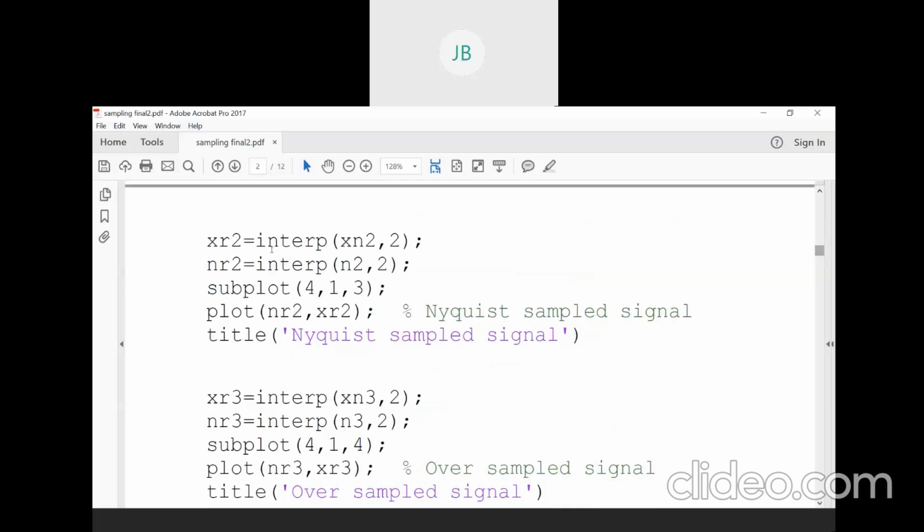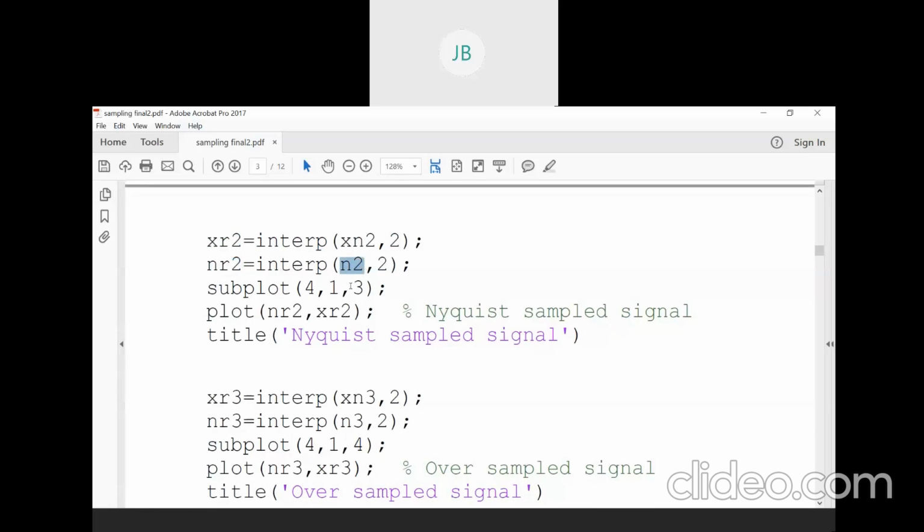We are trying to reconstruct using this interpolation command, and that is done at a rate of 2 times. So xr2 will have twice the number of samples that we used for Nyquist sampling, and the corresponding time variation nr2 is represented here.